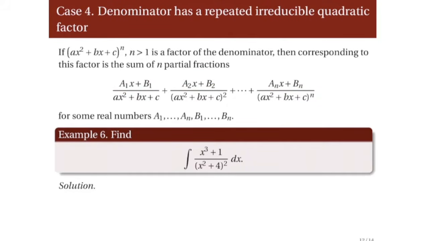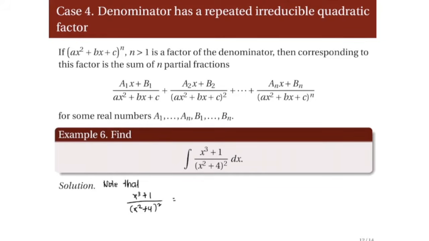So for our example, let's find here an antiderivative for x cubed plus 1 divided by x squared plus 4 quantity squared with respect to x. So here, we write x cubed plus 1 over x squared plus 4 squared.